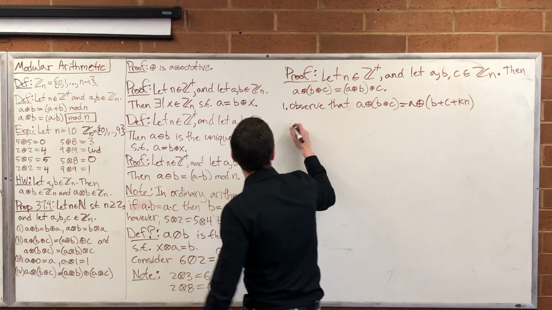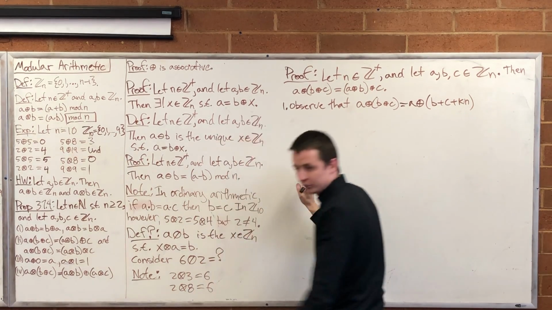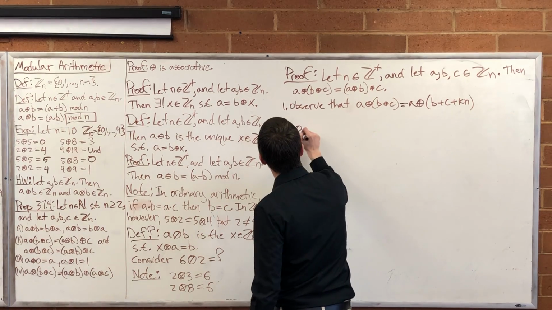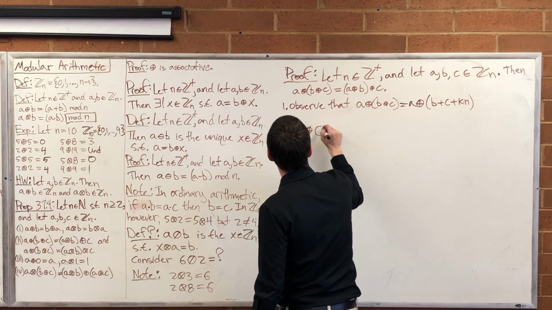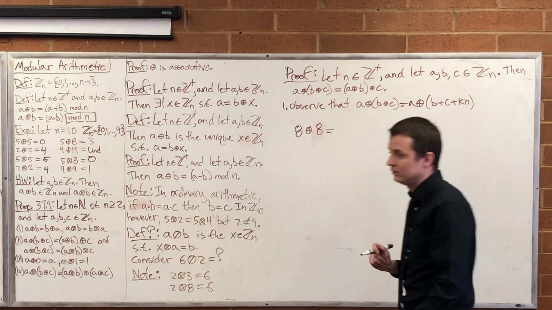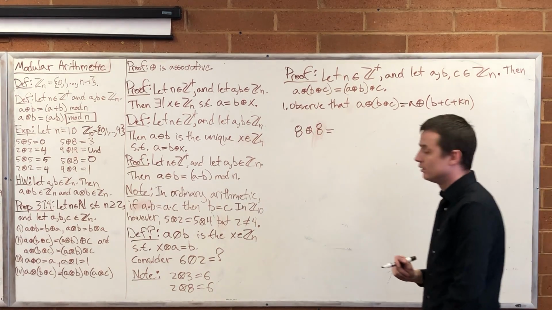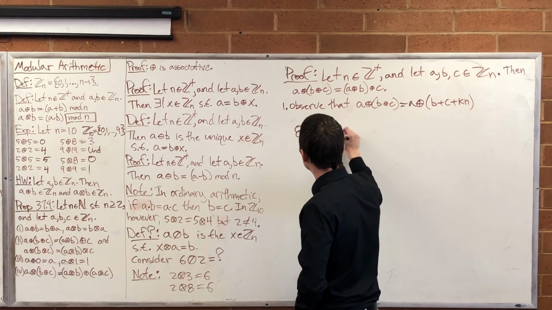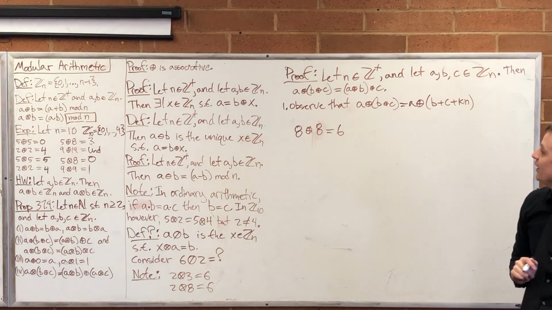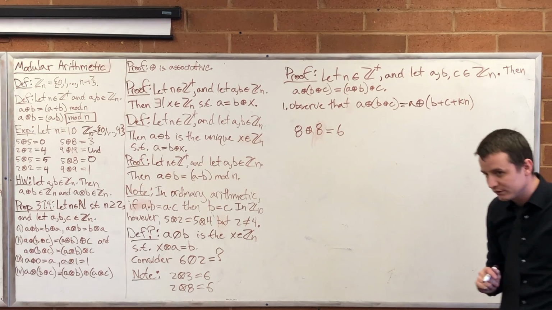So B plus C, let's see, we'll just pick two numbers. Pretend we're in mod 10 for a second. So let's do 8 plus 8 is equal to what? 6. Oh, I was thinking times. 8 plus 8 is equal to 6, right?